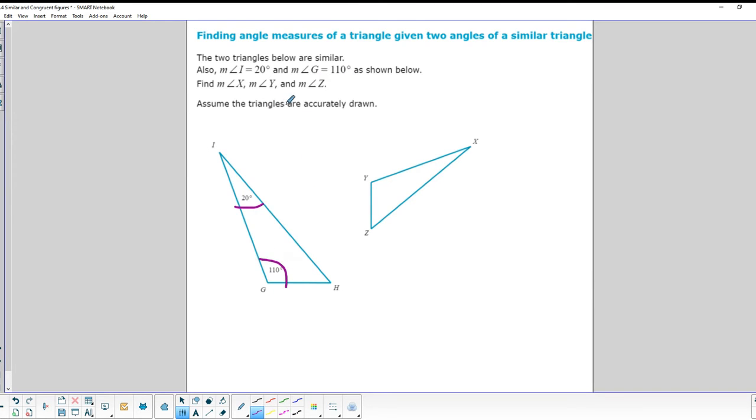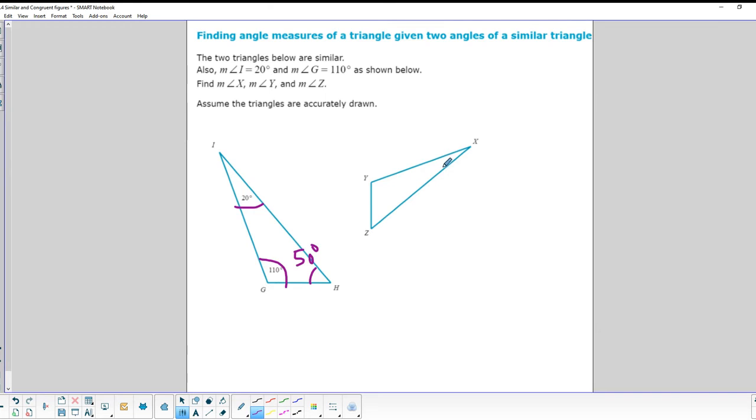So that's going to tell you that the angle H, just in case we need it, is 110 plus 20, which is 130, and 130 from 180 would give you 50 degrees for this angle down here.